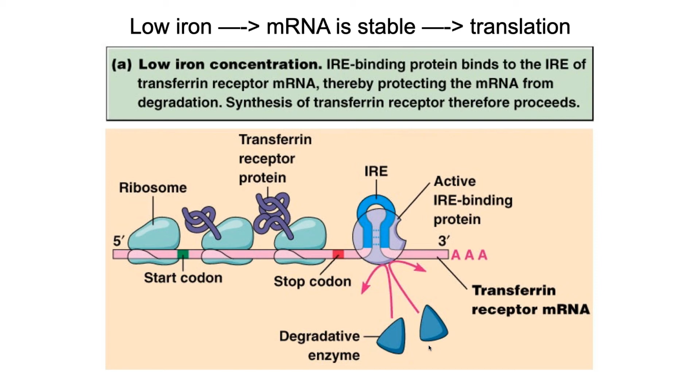As long as we have the IRE binding protein binding to the IRE, we're good to go, and we have translation of this messenger RNA and the production of transferrin receptor proteins that allow the cell to bring in more iron. We need it when iron levels are low. That's the only point in time that our IRE binding protein is active. Once the iron levels in the cell begin to increase, the cell no longer wants to bring any more iron in.